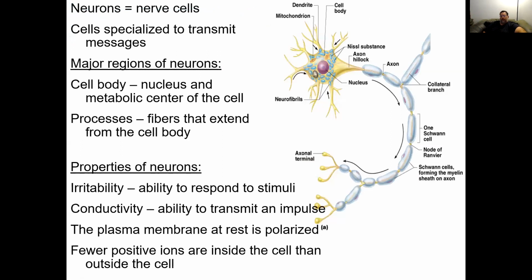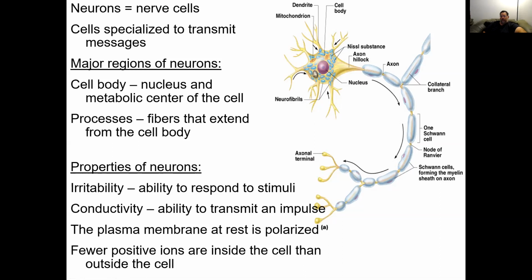Now, again, the nervous system is made up of specialized cells that we call neurons, nerve cells. And again, the nucleus is going to be full of metabolic activities. The cell body has a huge nucleus in it with a nucleolus. There's the fibers, as I mentioned before, that represent the dendrites where they receive information.